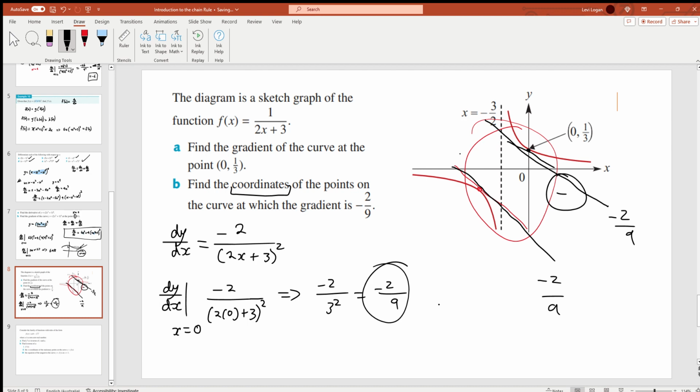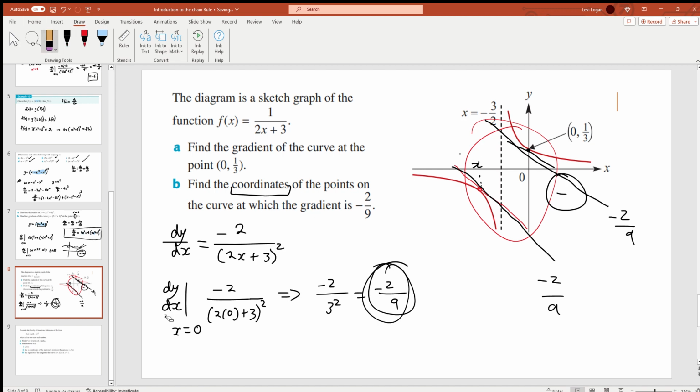So what we're going to do now is make this equal to our dy/dx. Now we can see we've got a quadratic term here, so we're going to get two numbers. Our two solutions are going to be one when x is 0, and this one here when x is such and such, but it'll be a negative number.